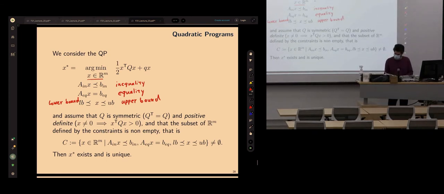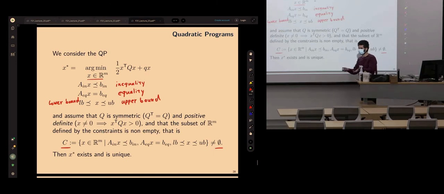Now, if there is a non-empty set, this is why quadratic programs are nice. This is a subset of convex optimization. If there is a set, such as C, that is not empty, that means considering all the constraints, there is a region in the space that we can search for something, right?